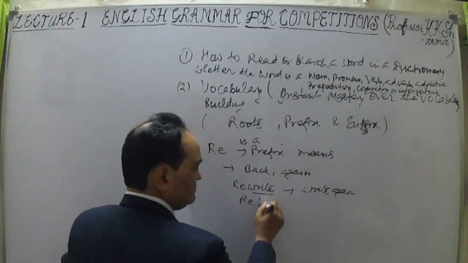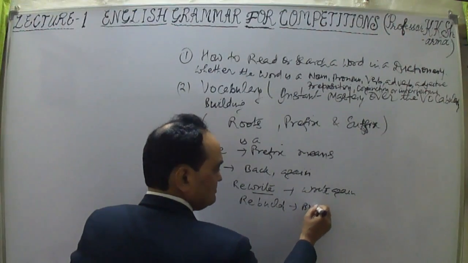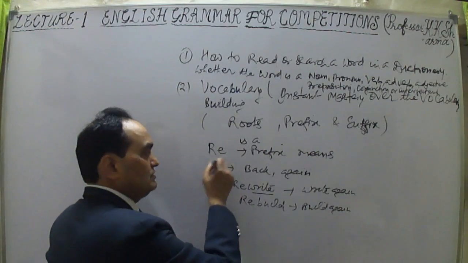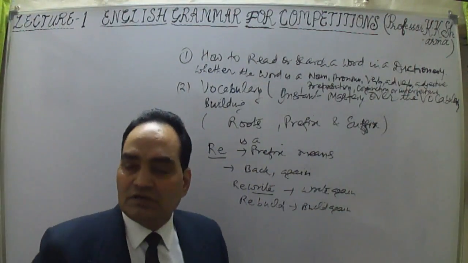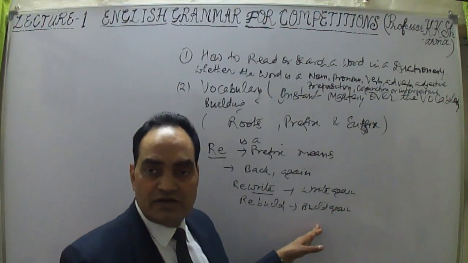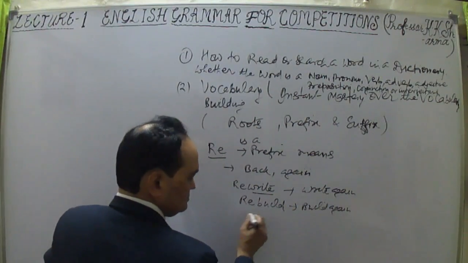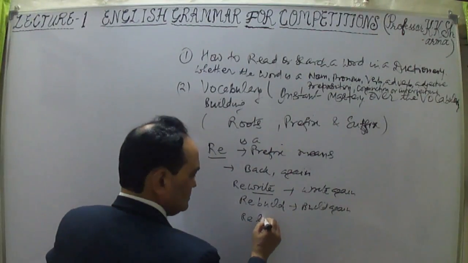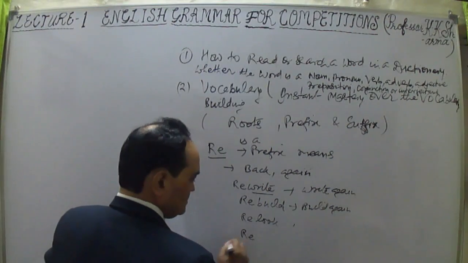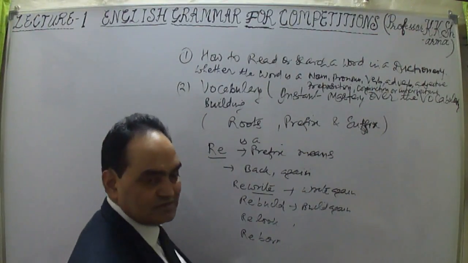Then rebuild: build again. So in this way, if you know the verb, this is a prefix here. With any root word you can add this: rewrite, rebuild, relook, then reborn, rebirth.